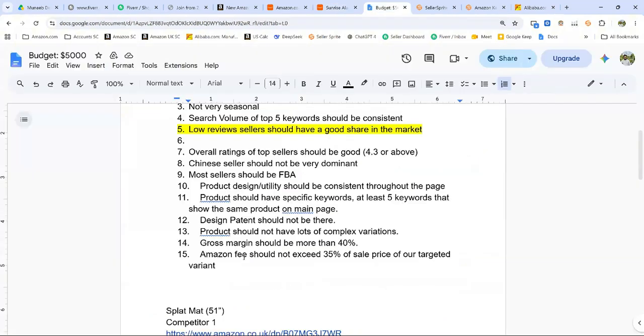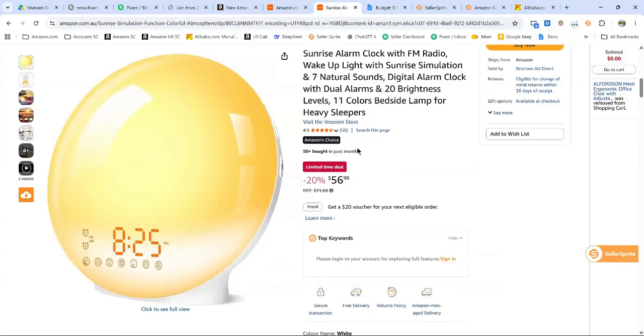Gross margin should be more than or equal to 40%. The Amazon fee should also not exceed 35% of the sale price of our targeted variant. We have also discussed this in the FBA calculator.